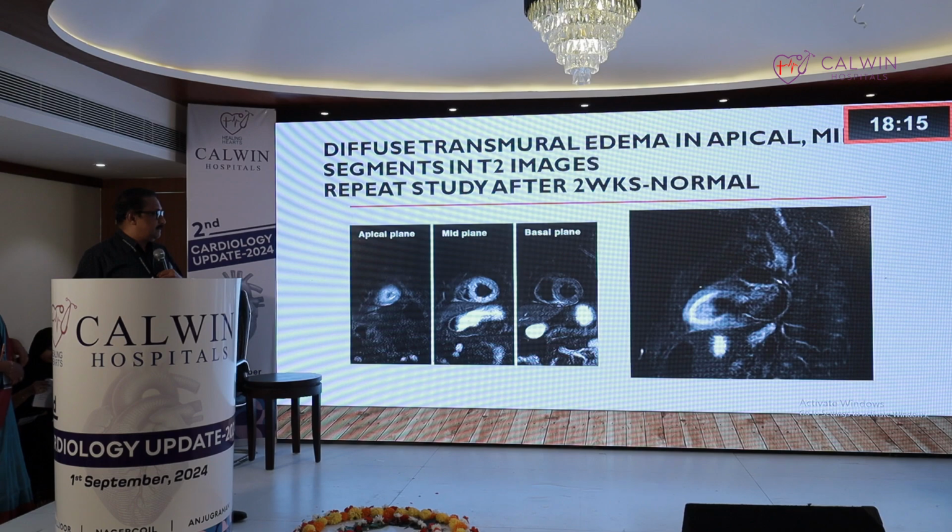Again, this is the longitudinal axis. You can see the edema in the mid and apical segments, which does not fit in with any vascular territory. So it's a global change, not fitting, even though the ECG was showing anterior wall changes. You are seeing this globally, and basal segments are spared.